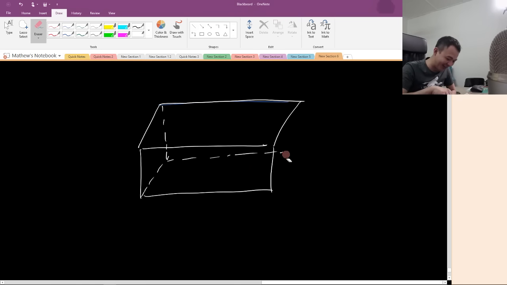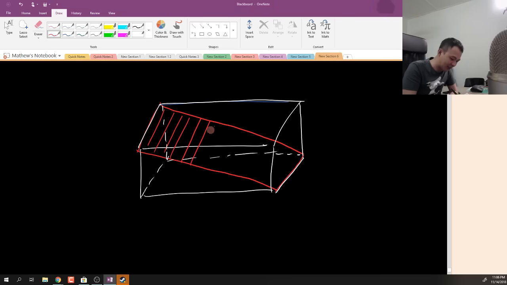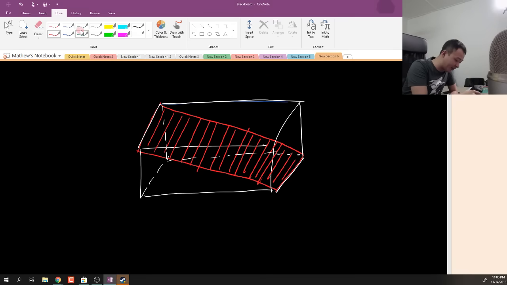Let me make the cuboid look nicer a bit. So let's say I have a cuboid over here, and then I have another plane here, and I want the angle between this plane and the base of the cuboid.